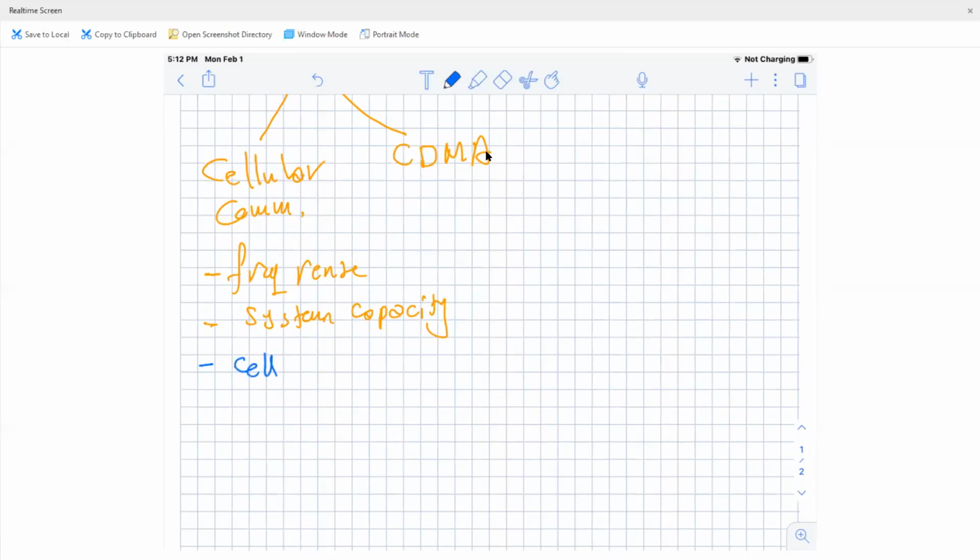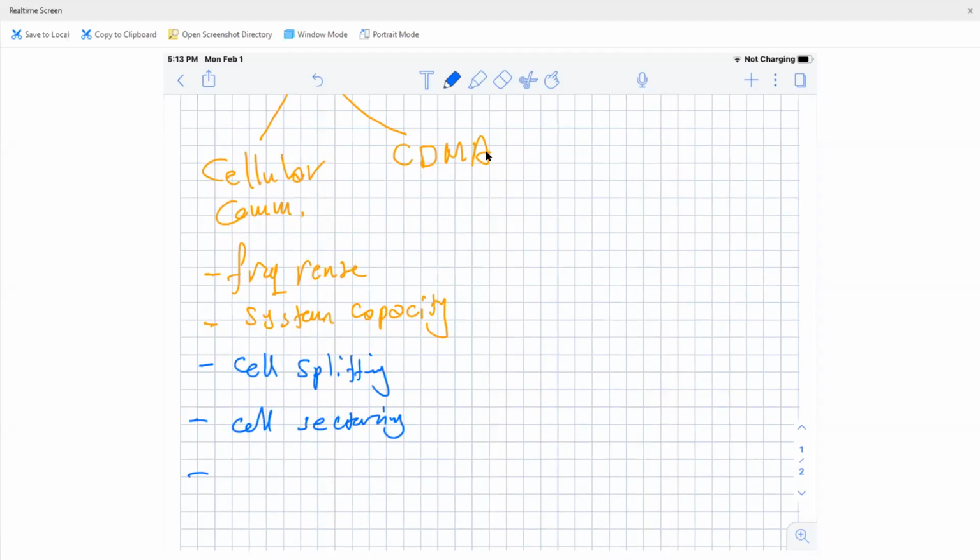And we have techniques to increase the system capacity, which are cell splitting and cell sectoring. And again, we are going to study the interference which affects the performance of the cellular communication system.